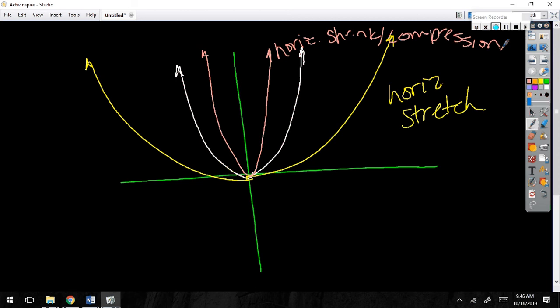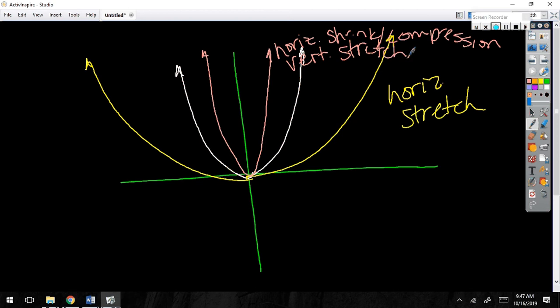Okay. Now, I want you to think about something. Looking back at that white graph in the middle, I can have horizontal shrinks and stretches, but I can also have vertical shrinks and stretches. If I took that y-axis and I stretched it out, is the graph going to get wider or skinnier? Skinnier. So a vertical stretch is the same thing. Do you see why?